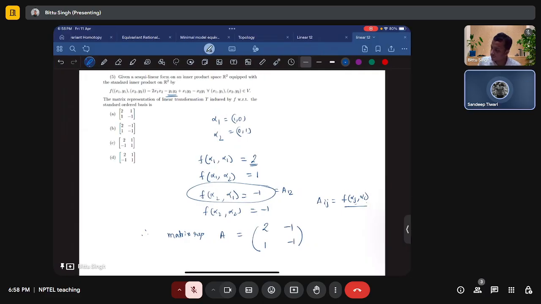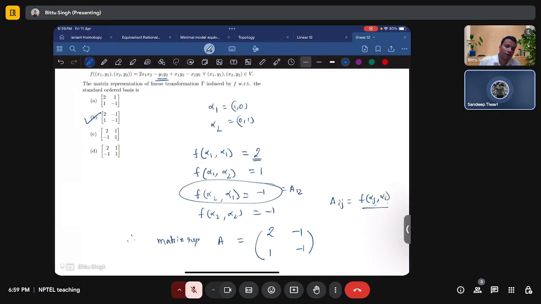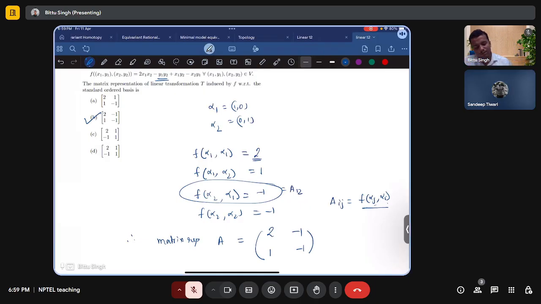Sir, I have seen in some books that the entries are defined in the same order. Like A12... it may depend, because if we follow this Hoffman-Kunze, it is a form.